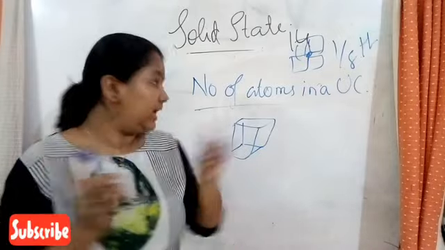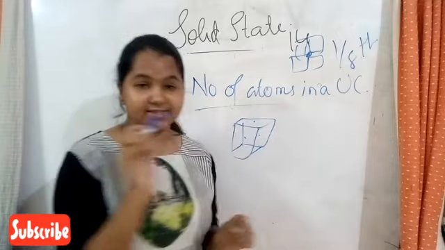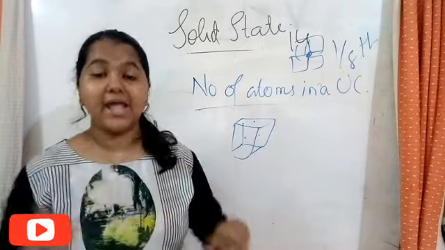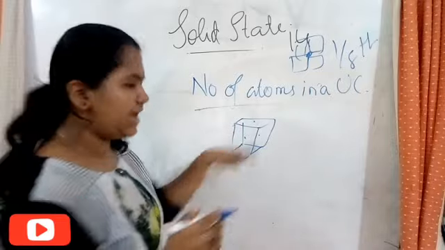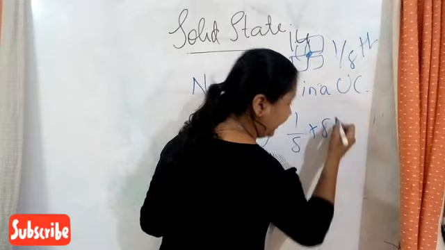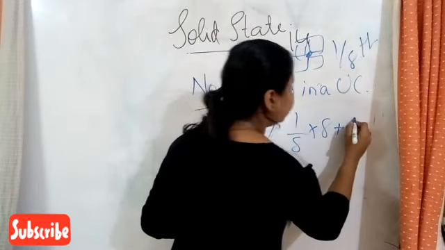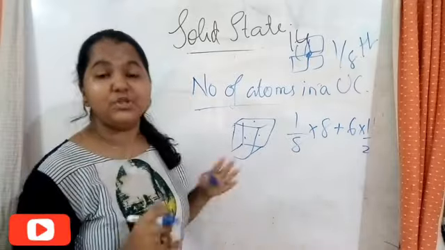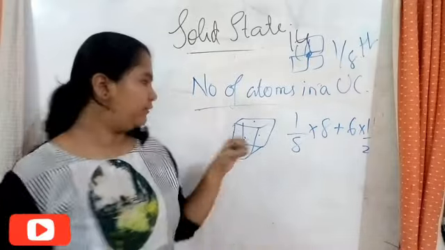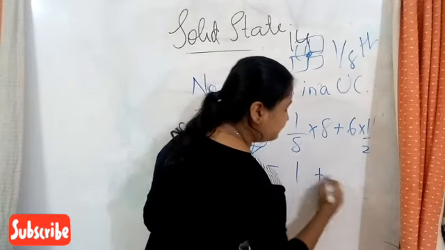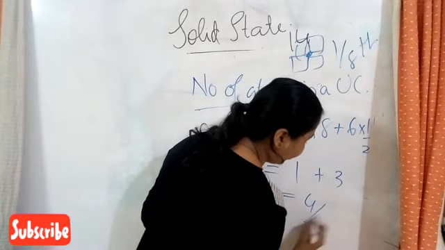Therefore, the 6 atoms on the faces would each be shared by another cell also. Therefore, what would we write? As usual, 1 by 8 into 8 plus 6 into 1 by 2. There are 6 atoms which are shared as half for each cell. Therefore, 1 plus 3, that is equal to 4.